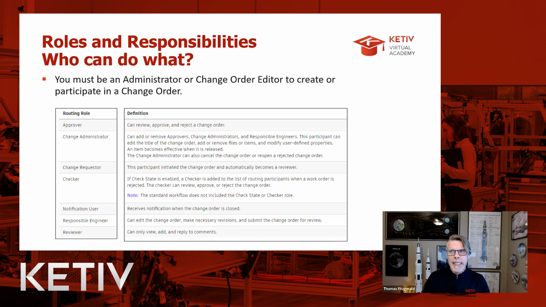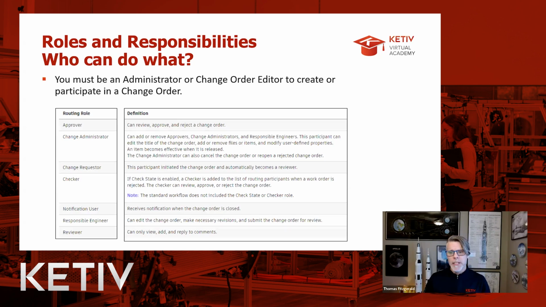So I can start dictating who can be responsible for change orders, okay? Approvers are just a part of the process. Change administrators really can start orchestrating who needs to be responsible. When do they need to interact with the change order? A change administrator can also cancel a change order, whereas an approver can only, once again, review, approve, or reject. They can't cancel it, okay?